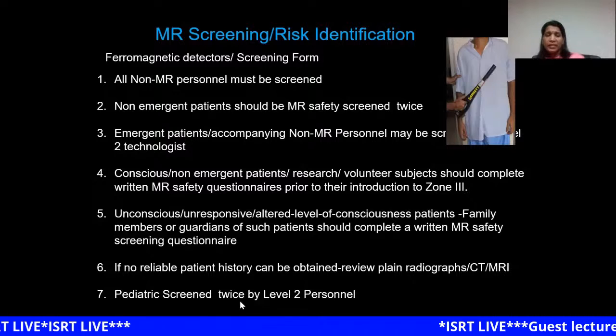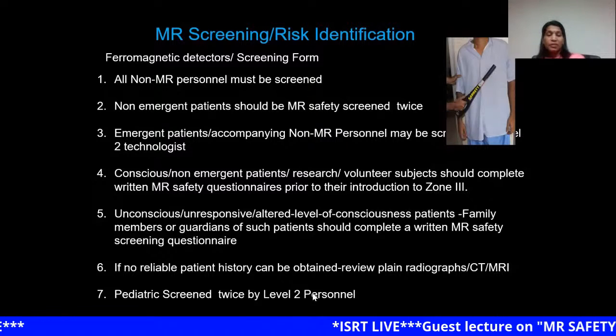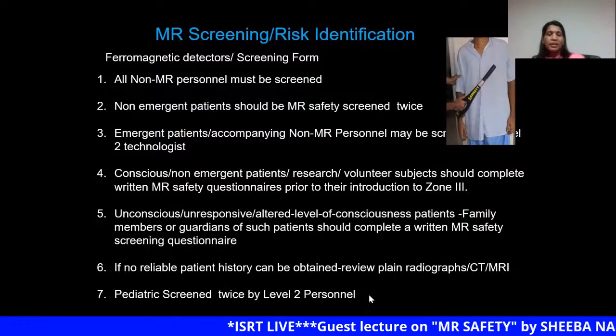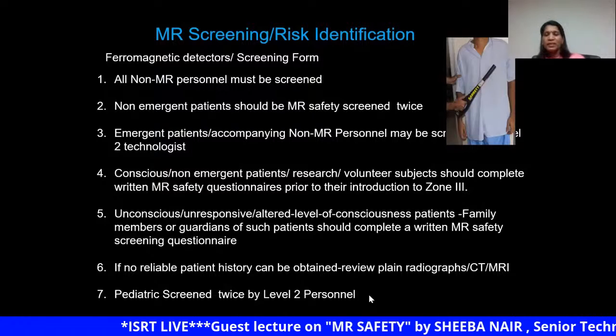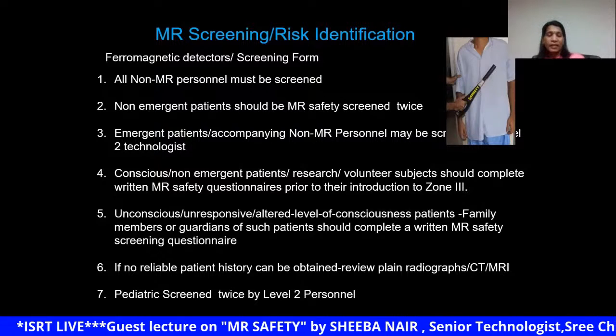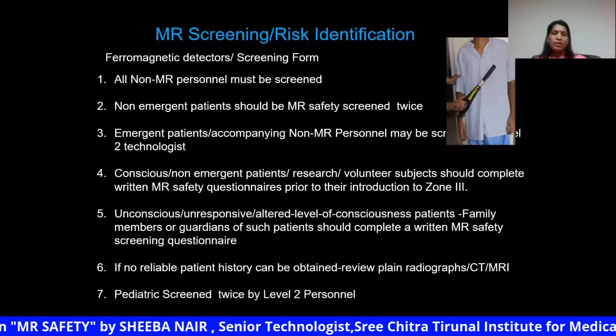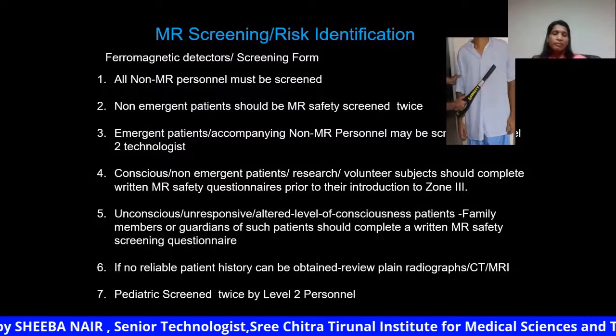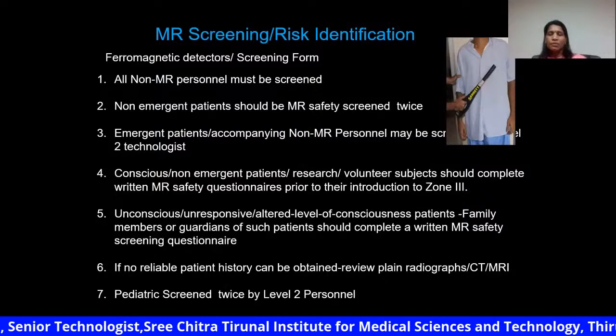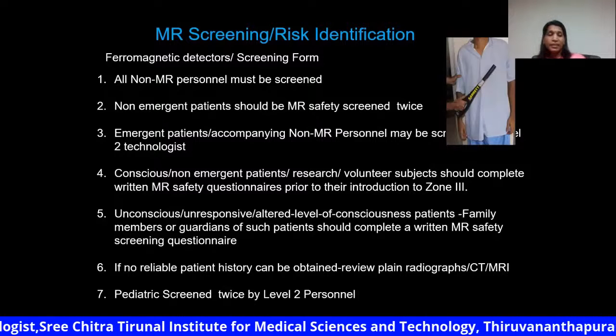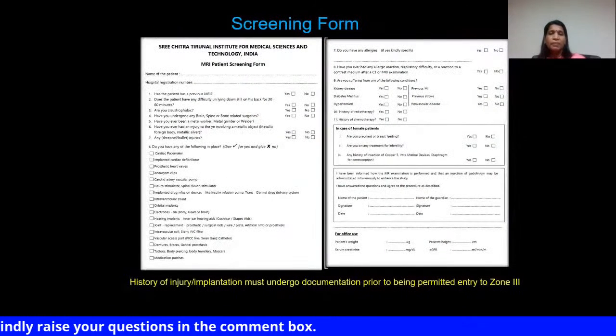And pediatric patients who are taken to the MR room should be screened twice, because at any time they can carry MR unsafe materials along with them. So special attention should be given to the pediatric patient.